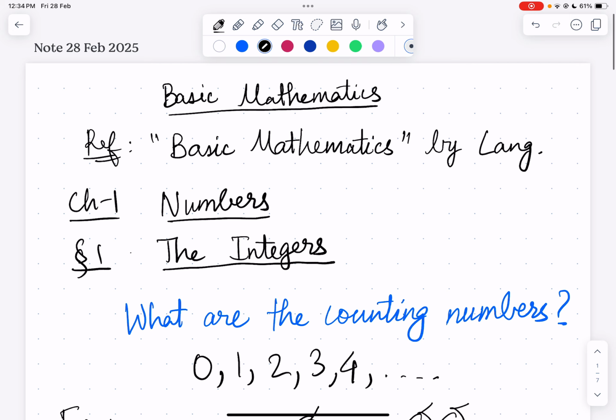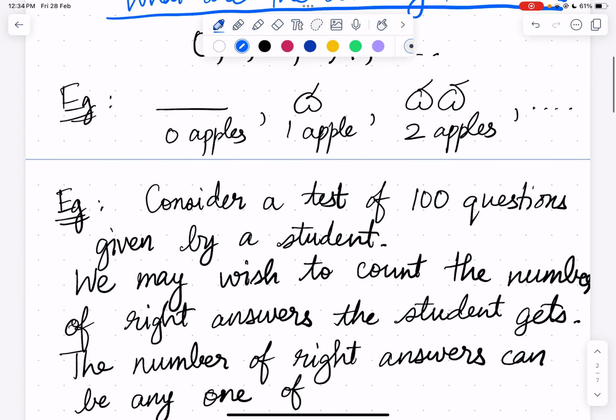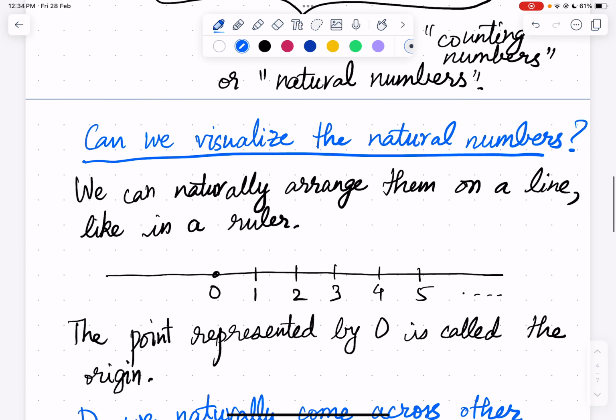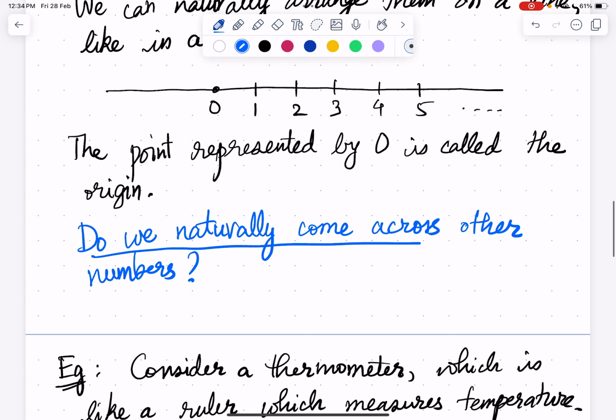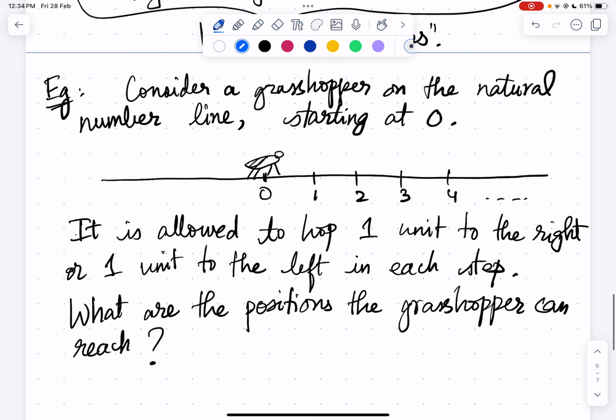I'll also underline the questions because they are what are making us proceed with the discussion. So what are counting numbers? Then can we visualize the natural numbers? Do we naturally come across other numbers? Okay, so consider a grasshopper on the natural number line starting at 0. It's allowed to hop one unit to the right or one unit to the left in each step.